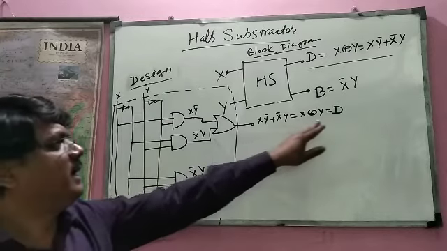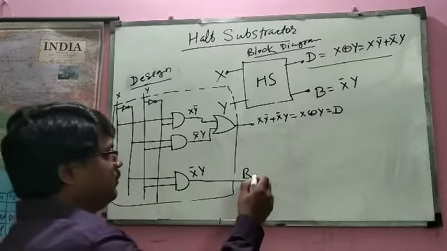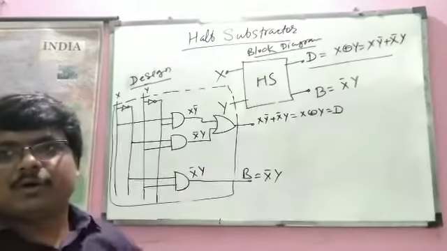This is D, and D is equal to X XOR Y, and B is equal to X bar Y. Isn't it? We have implemented it, or not?